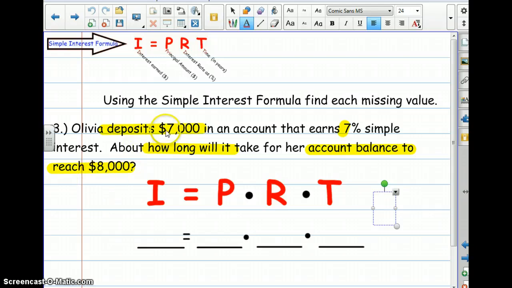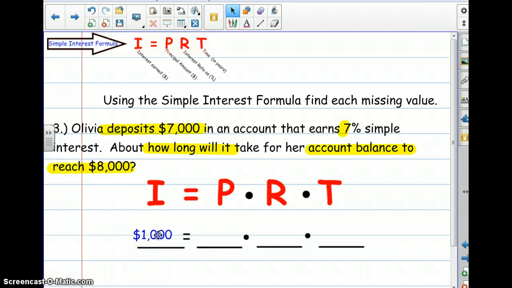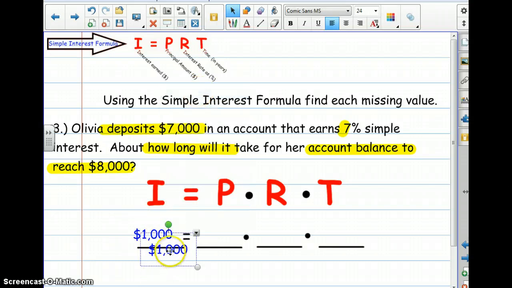So if she started with $7,000, that means she earned how much? That's right. It means she earned $1,000. She deposited $7,000 and her account balance is now $8,000. So, did they give us a principal amount? Yes, they did. The amount that she started with. And that is $7,000.